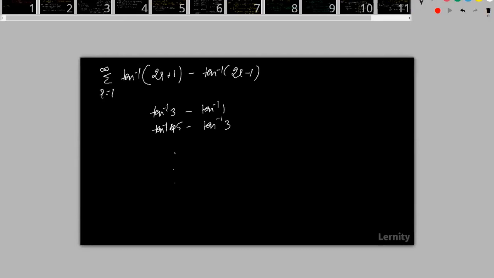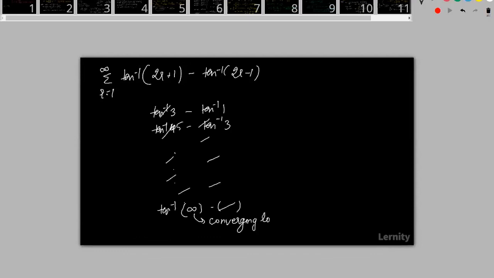At the end, the last term will be tan inverse of infinity, when r is tending to infinity, minus the previous term, right? So all these previous terms will get cancelled, and the only term left is when this is converging to infinity.